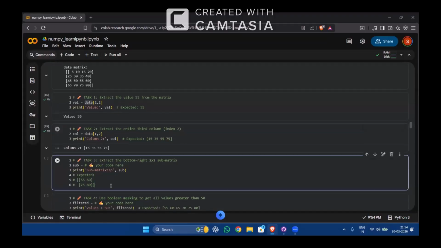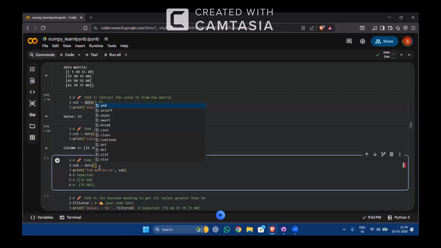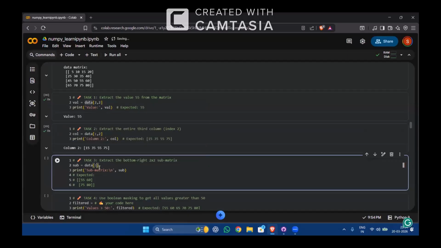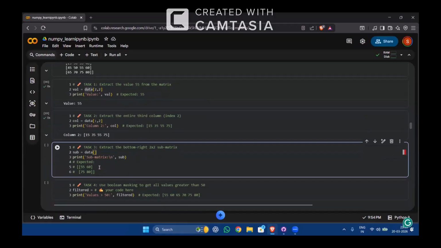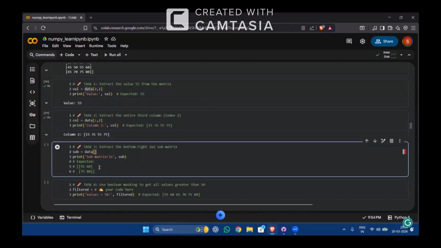Okay. So the next task. Extract the bottom right 2 by 2 matrix. The expected output is 55, 60, 75, 80. You have to start taking from which row? Start taking from the third row, right?